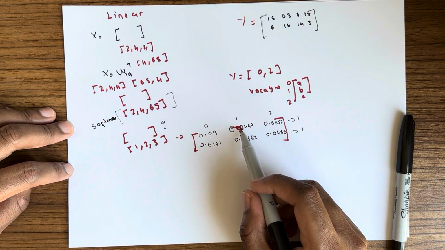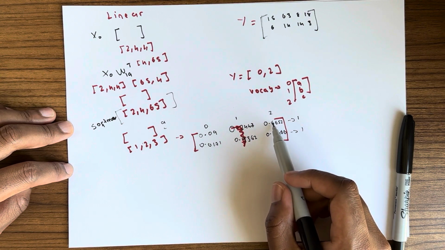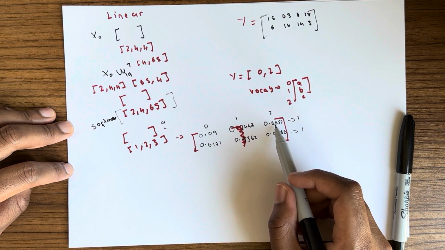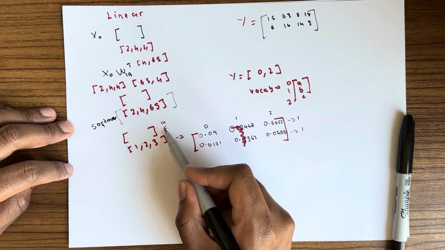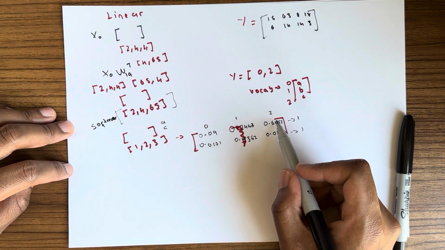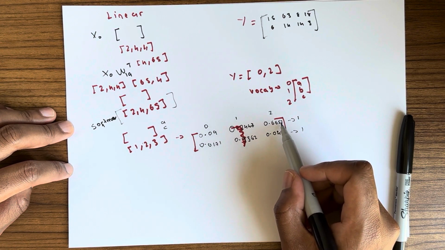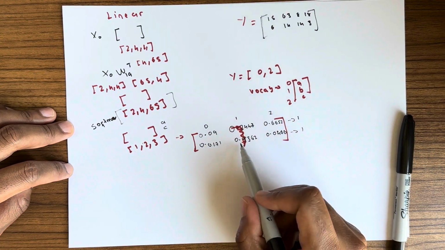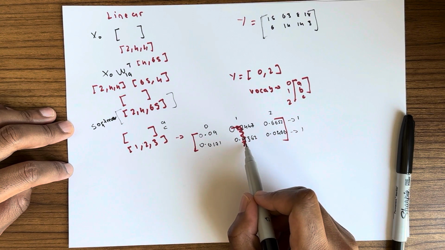The probability that the next character is B is 0.2447. The probability that the next character is C is 0.6652. The same for this C. So the maximum here for the first character is 0.6652. Based on the model, we're going to take the max. So the model is telling us that the next character is C.